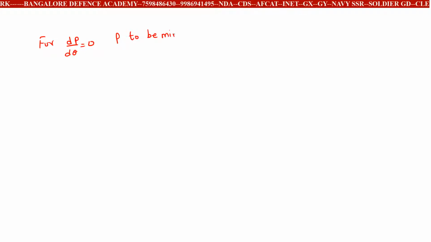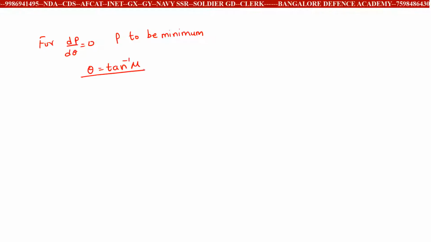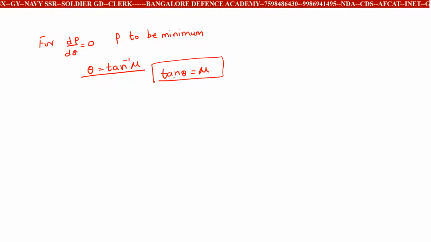Next, for dp by d theta equal to 0, p to be minimum, so now theta is equal to tan inverse of mu. That means tan theta is equal to the coefficient of friction.